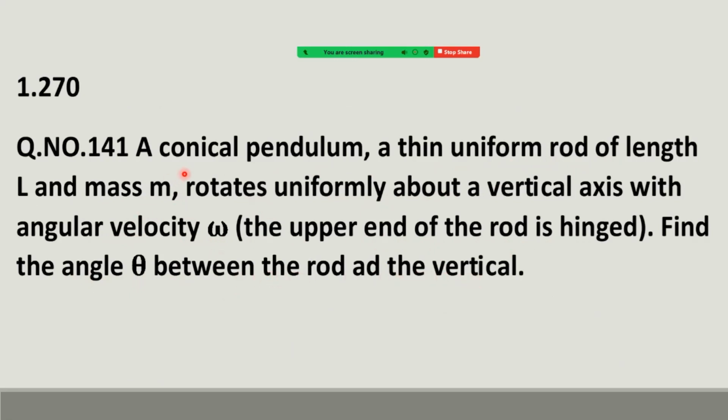Earlier we have learned a massless string and one particle; now it is a thin uniform rod of length L and mass m, fixed at the upper end. The condition is that it rotates uniformly about a vertical axis. Let us see how to find it.